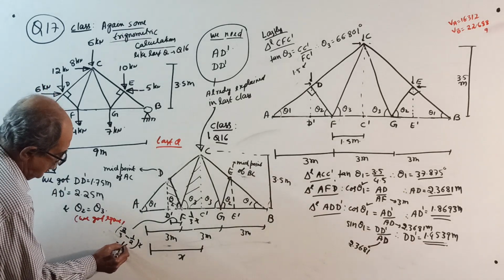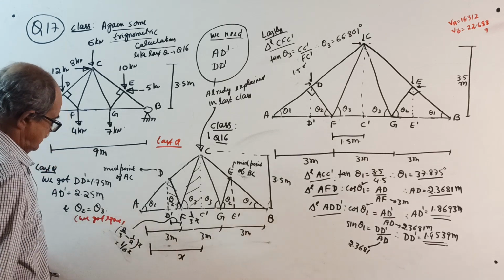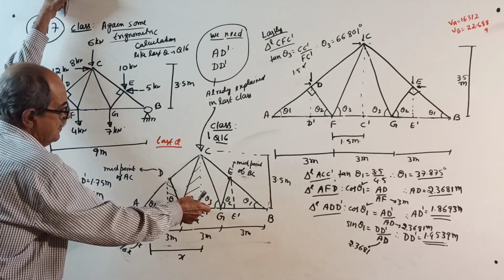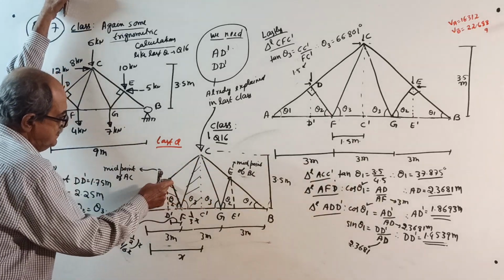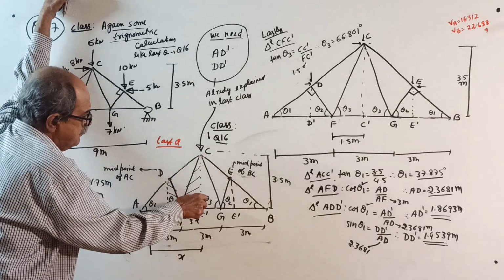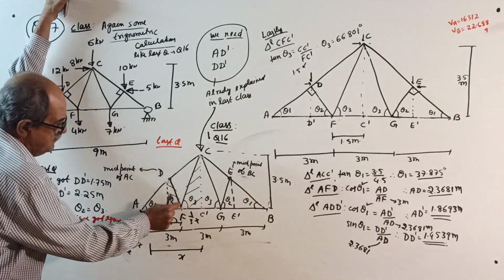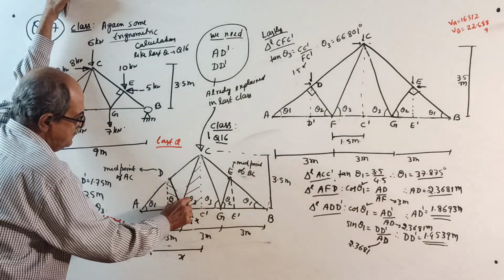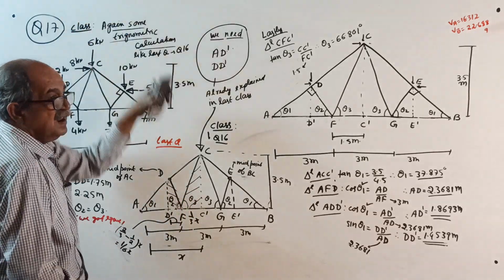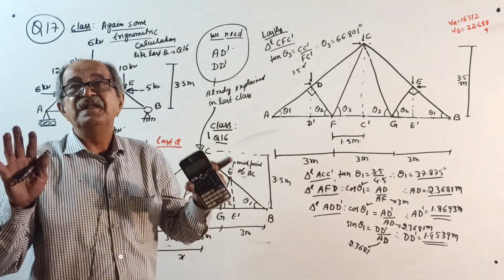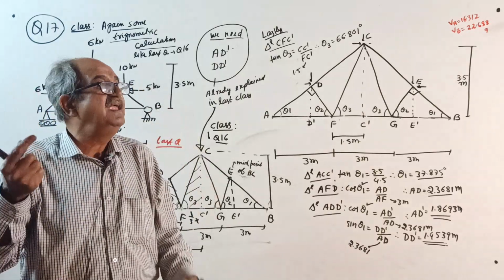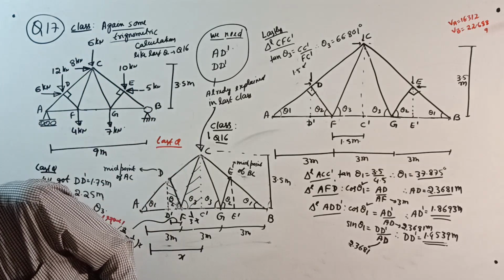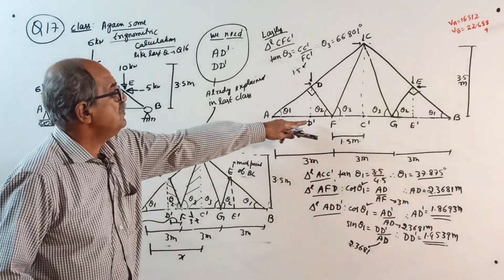Then this height is half of that height, and this base is half of that base. In that case, this angle equals this angle. But that trick will not work out for this question.